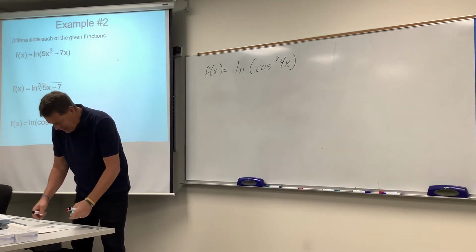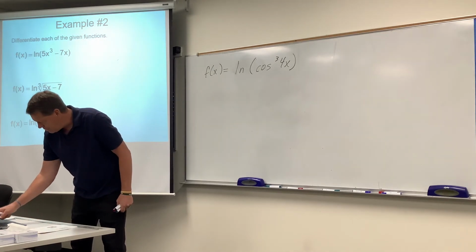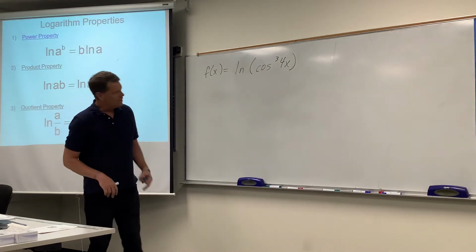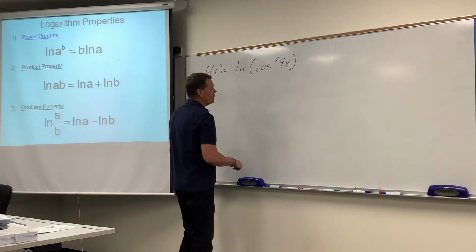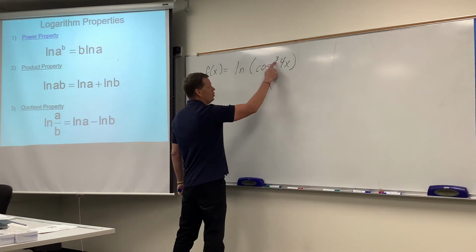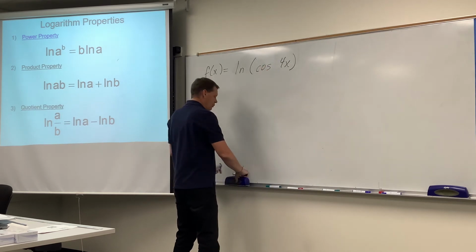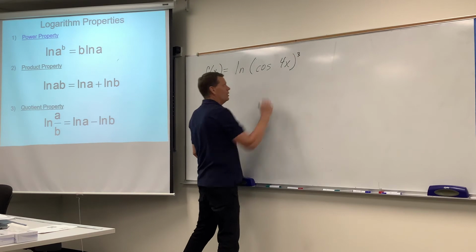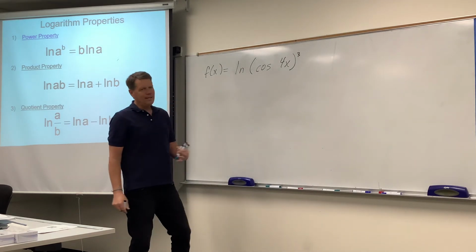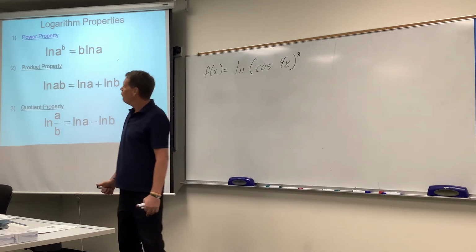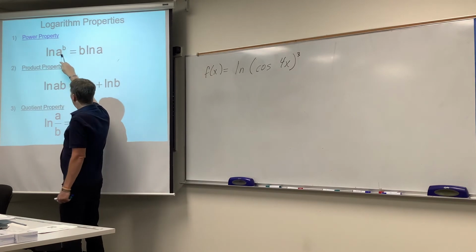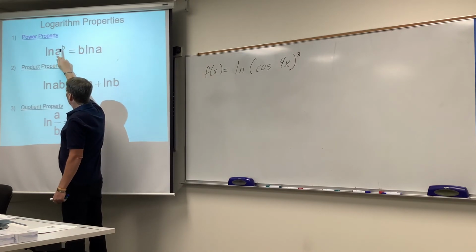But I would again always suggest to a person to investigate these ideas. One of the things you have to remember is that the cosine cubed of 4x is also the cosine of 4x quantity cubed. And my point in changing it like that is hopefully that would conjure up your idea, you know what, we're taking the natural log of something to a power.